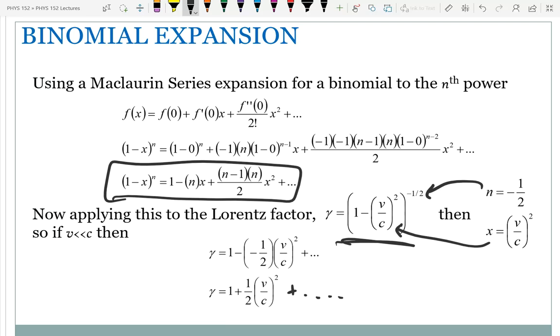Right? 1 is a constant. That's not interesting to me. That would have given me approaching 0. I take the first term that's not that, and I plug it in.